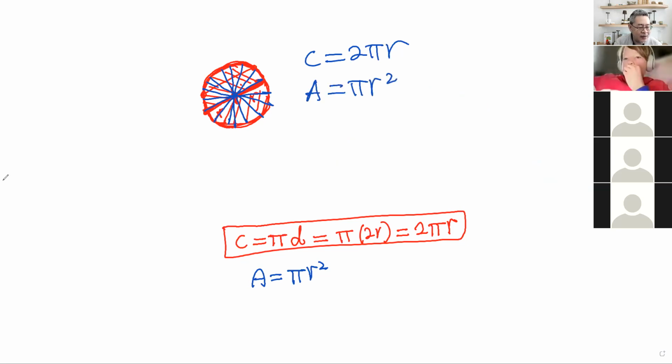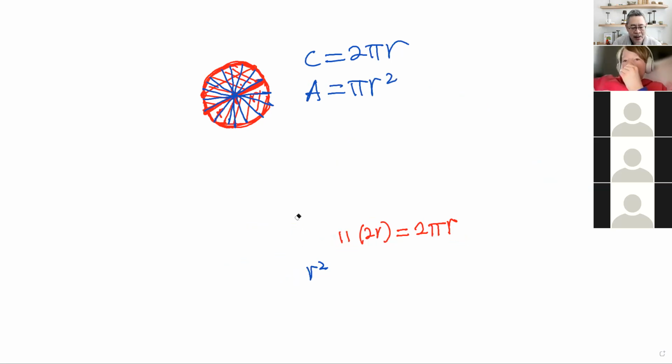Now, pi is an interesting number. Pi is called irrational. So if you want to write out pi, it will never stop and keep going, and there's no repeating. Some people can memorize pi up to hundreds of digits, and some can go to tens of thousands, but it will never stop.